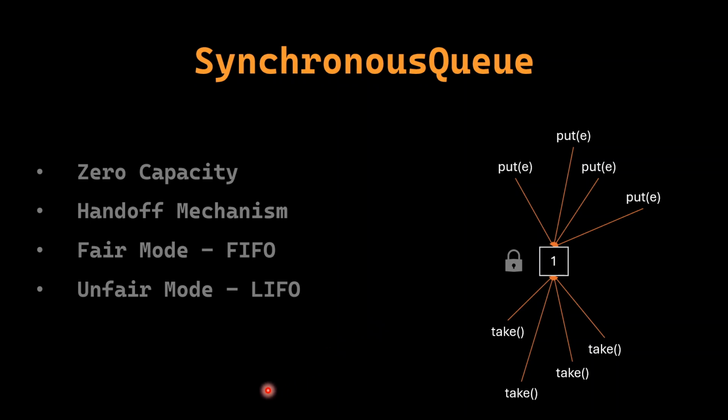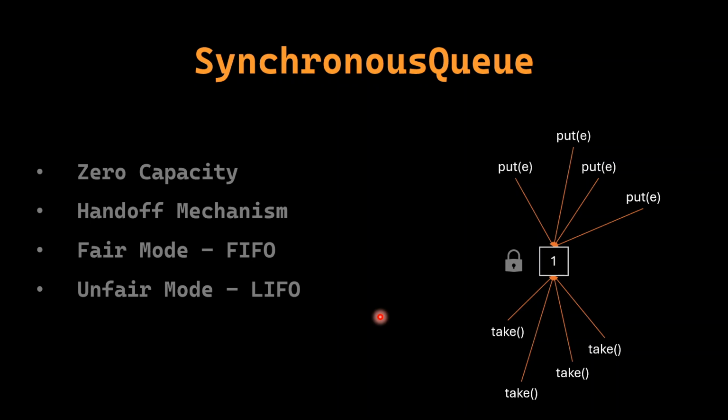Let's understand its two modes of operation. Synchronous queue can operate in two modes, fair mode and unfair mode. In fair mode, it uses a first in first out queue to maintain ordering, ensuring that the longest waiting thread gets served first. Internally, it uses a queue based transfer mechanism.